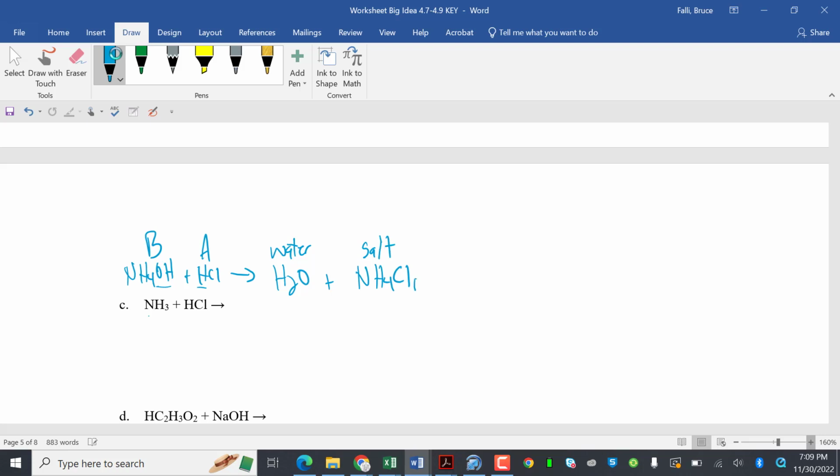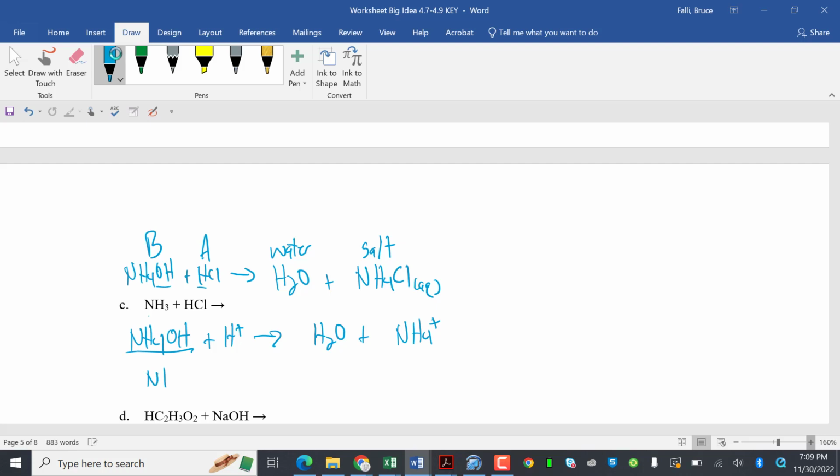This will be aqueous because it's not acting as a base anymore. It's a salt. It's an ionic compound. So that means if I were to write this together, I'm going to write both of them: NH4OH plus H positive is going to give me H2O plus NH4 positive. Okay, so notice this is together because it's weak.